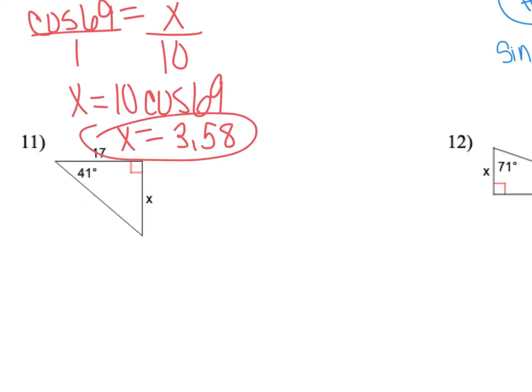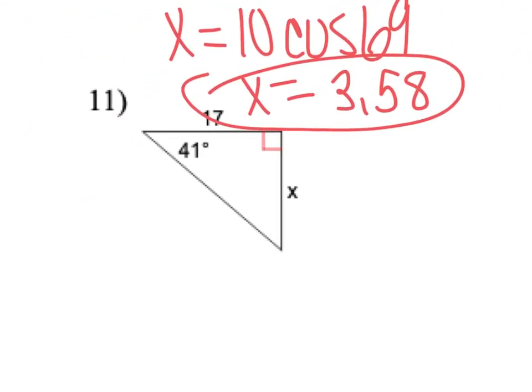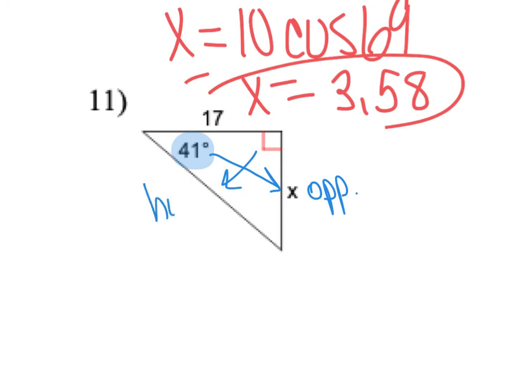Okay, so let's look here at number 11. I'm going to erase that just a little bit so we can see our numbers better. Let's identify our angle. Here's our 41-degree angle. Across from it is our opposite side. Across from the right angle is the hypotenuse. And this side that is right next to it and attached is our adjacent.